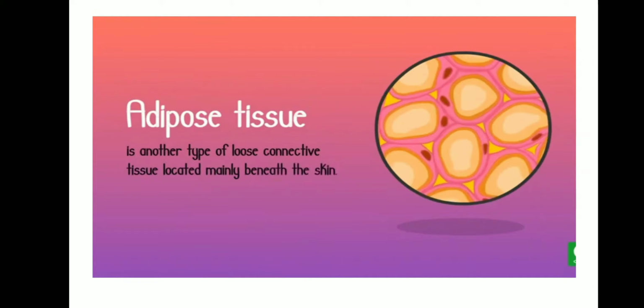And next we are going to see about adipose tissue. This adipose tissue are spherical or oval in shape. And this is also one more type of loose connective tissue. Already we saw what? Areolar tissue. Areolar tissue as well as adipose tissue are said to be loose connective tissue. This is also present below the skin.